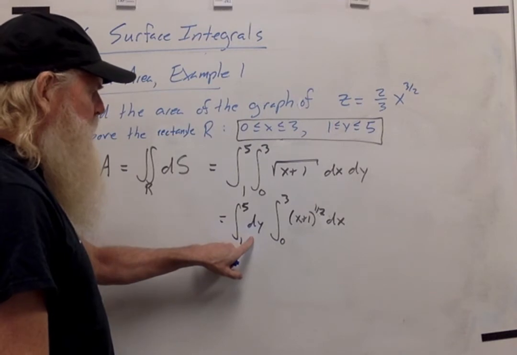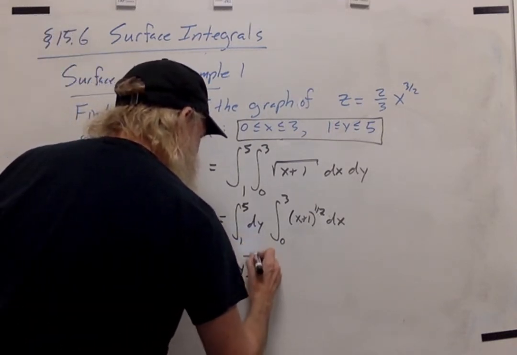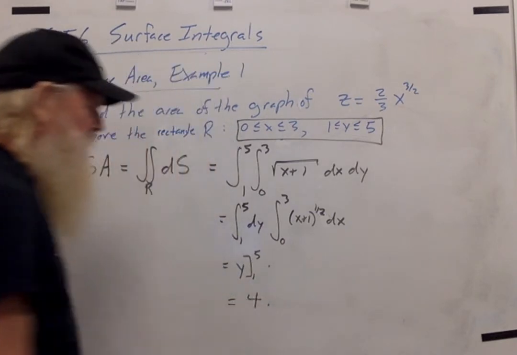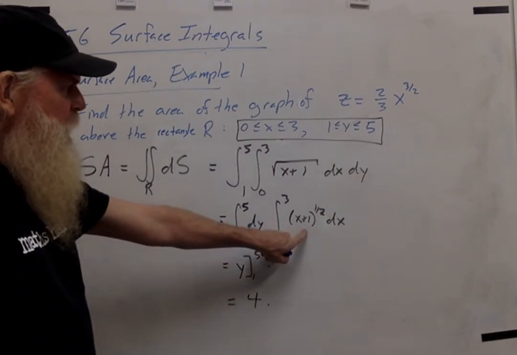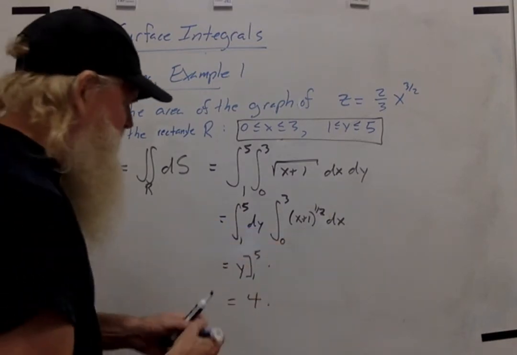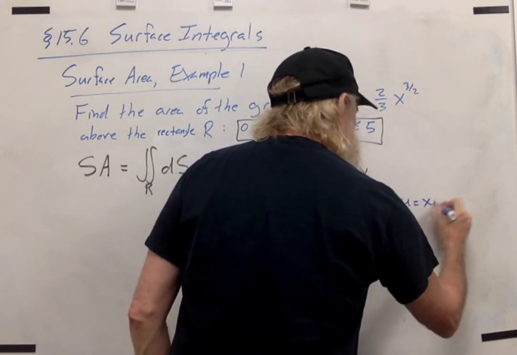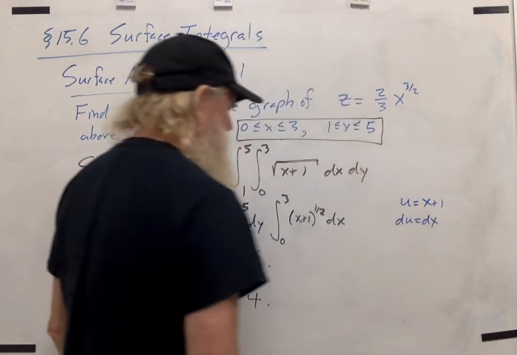Now the integral from 1 to 5 dy is easy. That's just y taken from 1 to 5, which is 4. So that part's done. To do this integral requires a u substitution. If we set u equal to x plus 1, then du is dx.